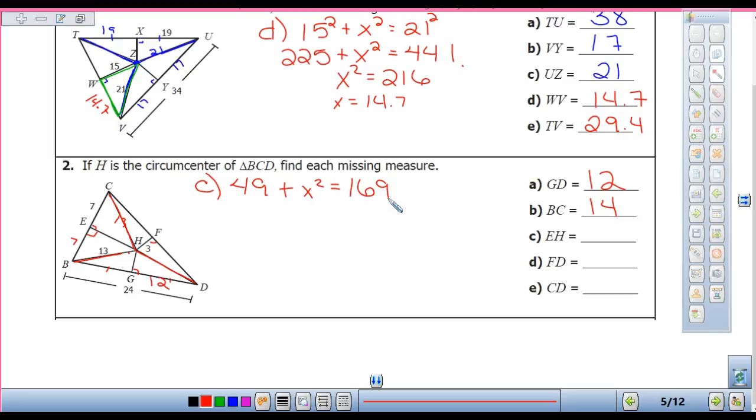I believe you're going to have to know your perfect squares up to 15 at least next year. So 13 squared, you gotta know it's 169. So x squared is 120. So x is 10.9. All right. So EH is 10.9.